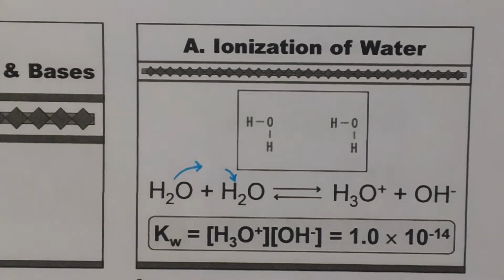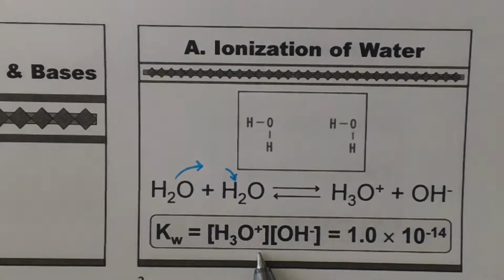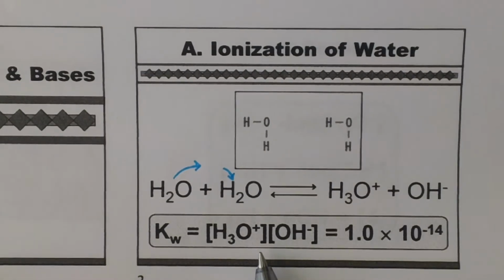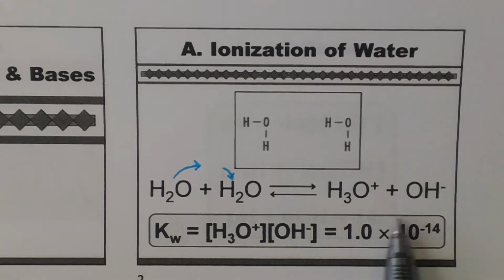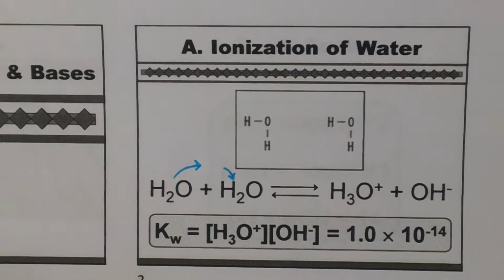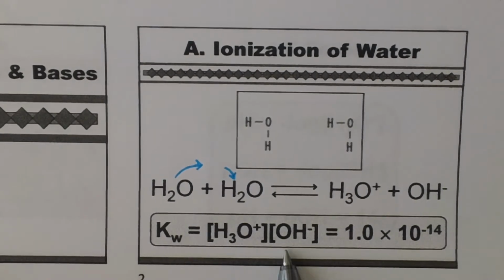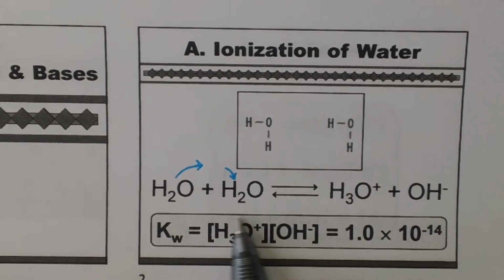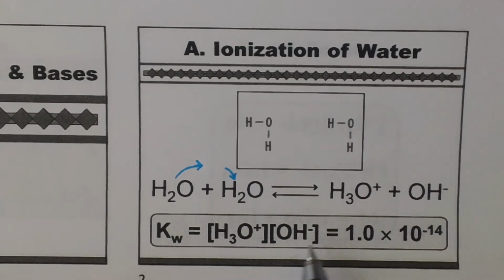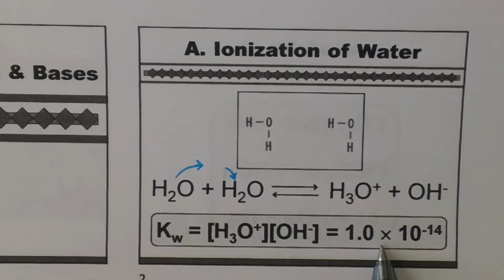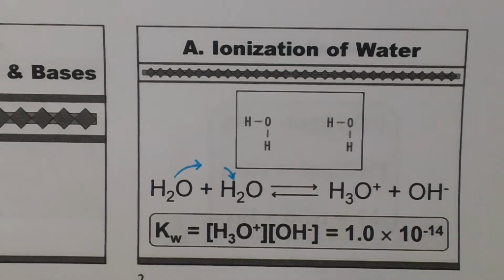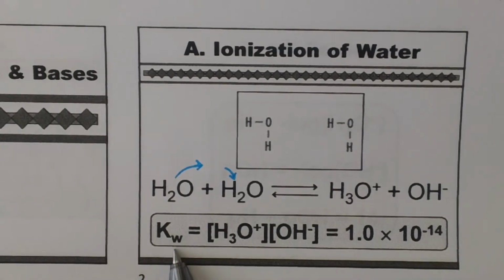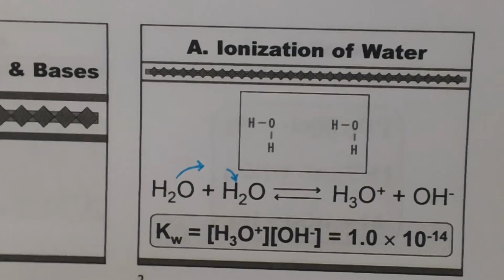A gentleman a long time ago figured out what the concentration of those particles was in solution. And so when we see brackets, we're talking about molarity. If you take the concentration of the acidic particles and multiply it by the concentration of the basic particles, he came up with what is called the ionization constant for water. That's your Kw, constant for water, 1 times 10 to the negative 14th.